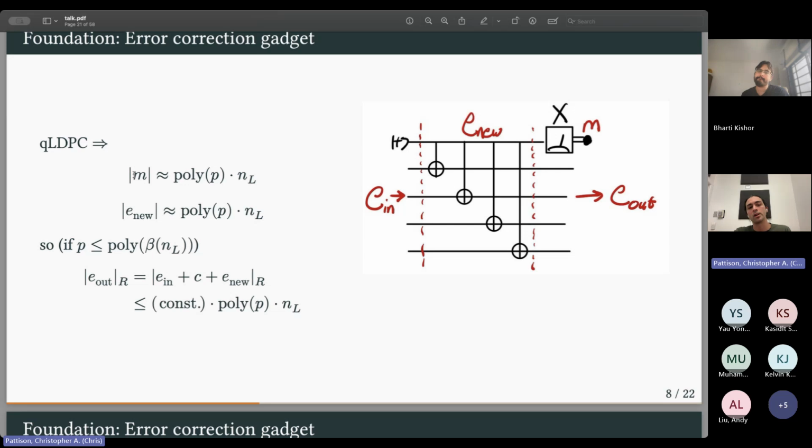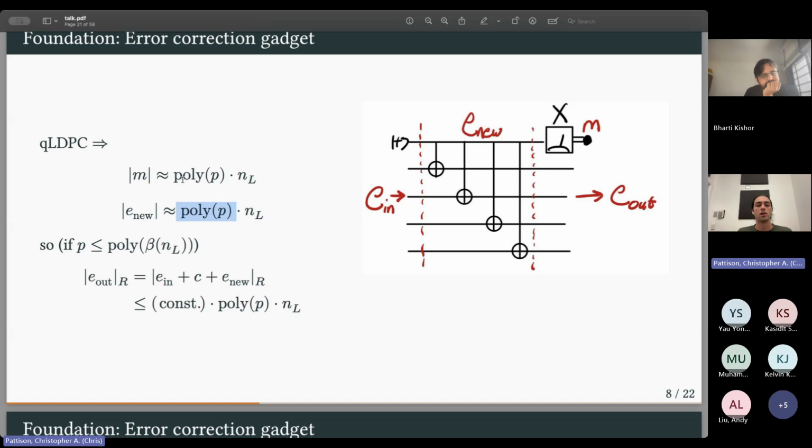Roughly, the Hamming weight of the measurement error is related to the block length, and the weight of the new error that we applied is also proportional to the block length times some polynomial in p. We'll eventually be tuning that p to be small.